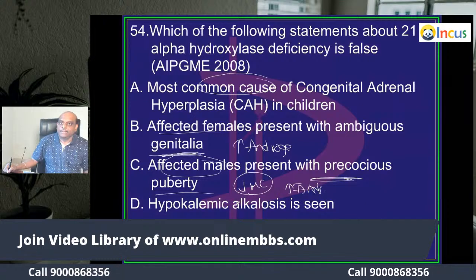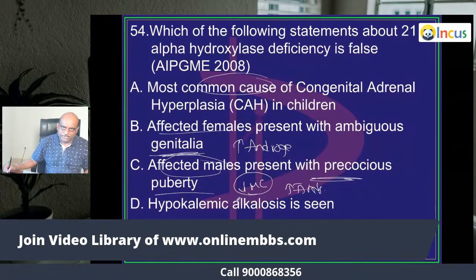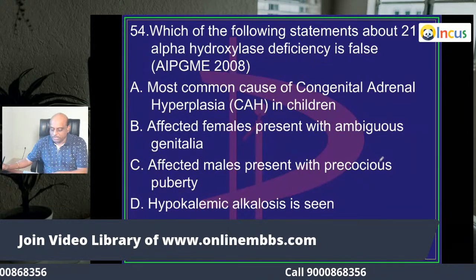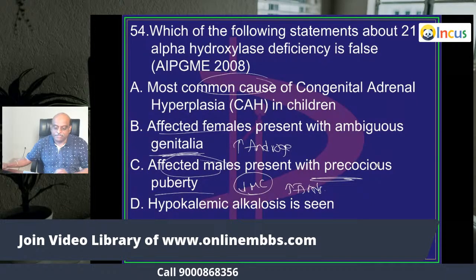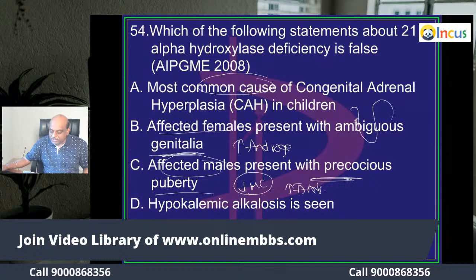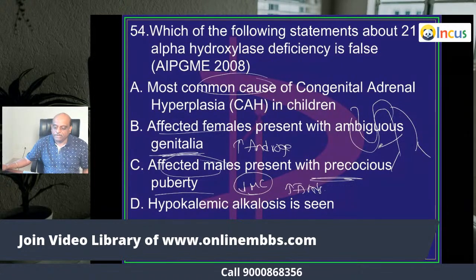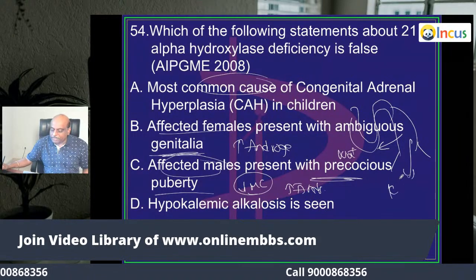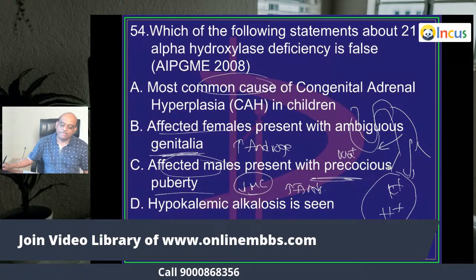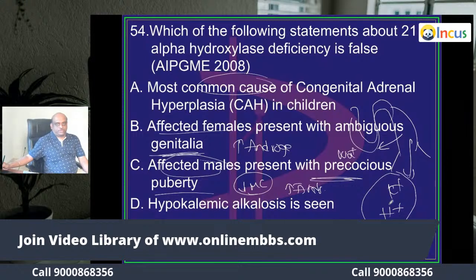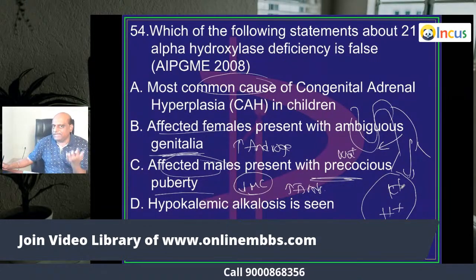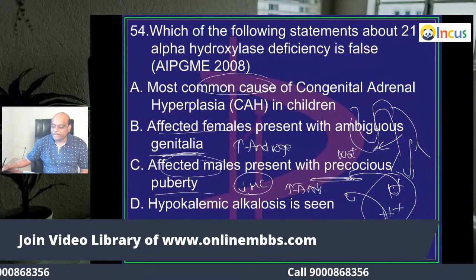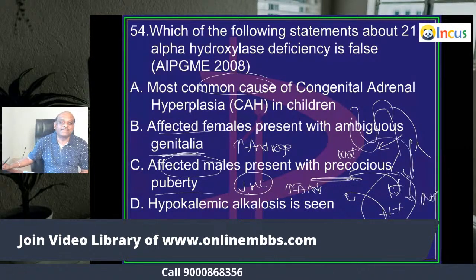If mineralocorticoid is not there, if aldosterone is not there, normally what does aldosterone do, doctor? It will come to the distal convoluted tubule. It will cause retention of sodium and loss of K plus and H plus into urine. That is the normal function of aldosterone. If aldosterone is not there, then potassium is retained, H plus is retained, and Na plus is lost.